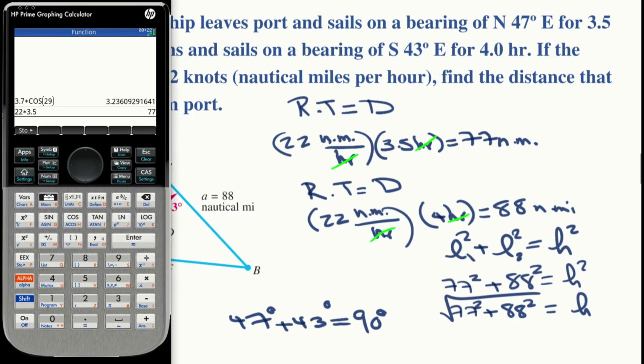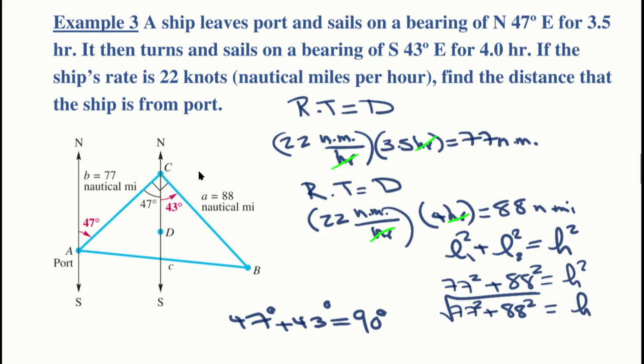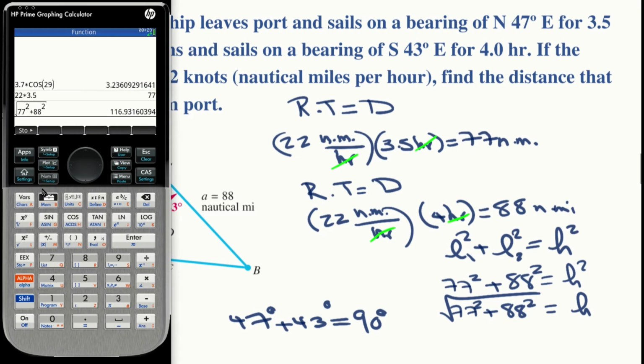So we just have to calculate that. The square root of 77 squared plus 88 squared, and there it is. Now let's see what rounding instructions we have. None is given, so if we decide to go with two significant digits, we'll round that to the nearest 10, and we'll get approximately 120.